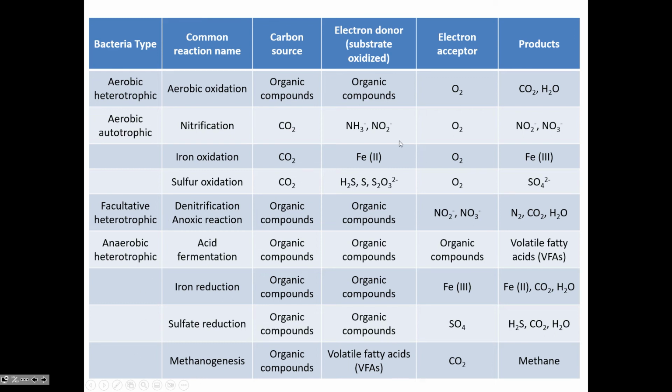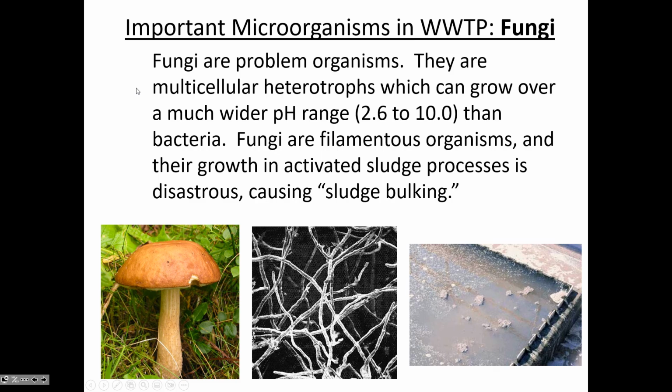And then of course the aerobic heterotrophic bacteria are our bread and butter, so to speak, of breaking down the BOD in the wastewater reaction. Fungi are a problem because they don't do much for us in taking up BOD relative to the problems they can cause with correct settling of sludge. They tolerate a much wider range of pH than bacteria do, so they can be persistent.